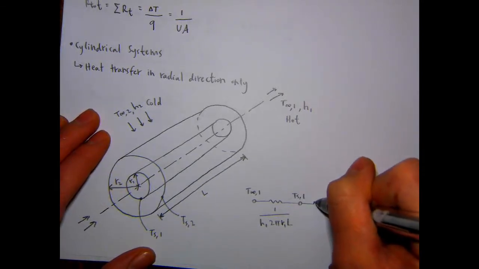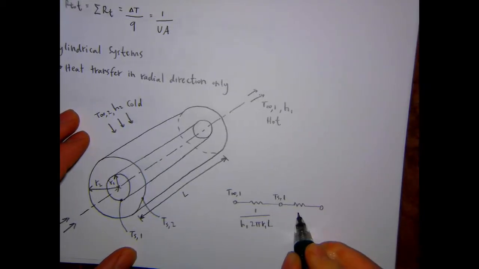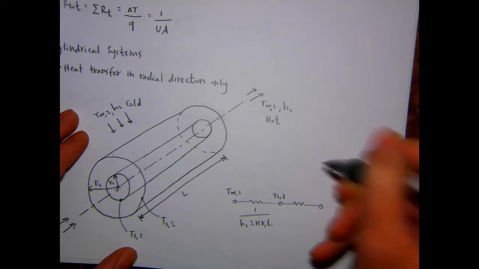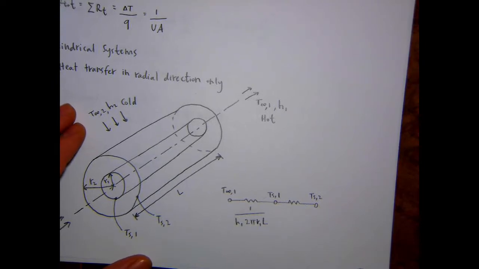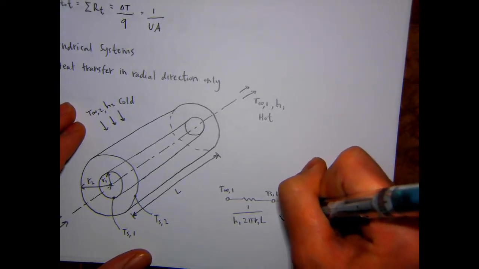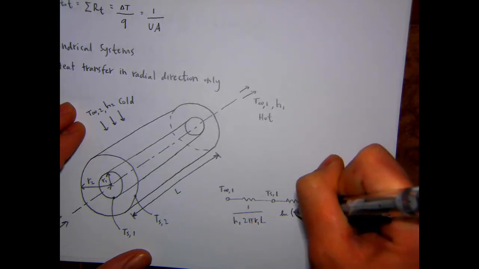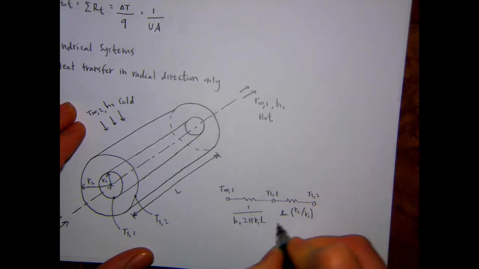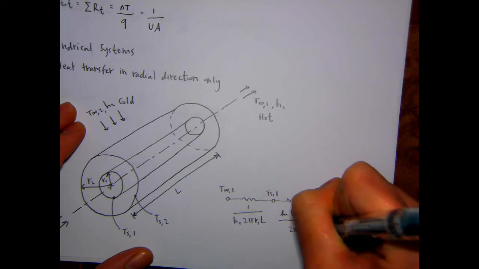And then heat is transferred via conduction through the object, and we hit the outer surface, which has a temperature of Ts2. And the thermal resistance for conduction in cylindrical coordinates, we just derived: natural log of R2 over R1 over 2 pi k L.